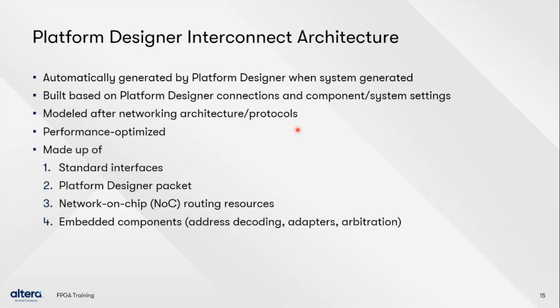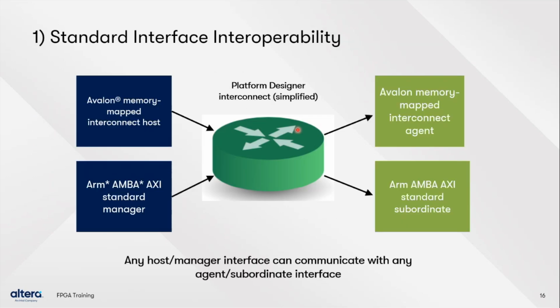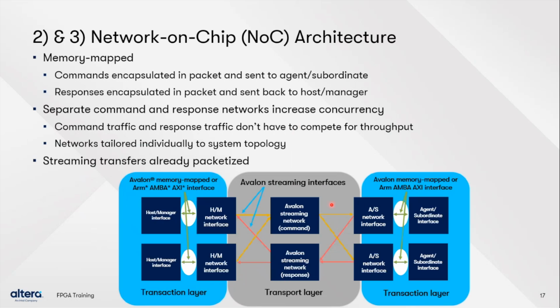So the interconnect architecture. I forgot I had this slide in here. This actually goes back to what I was just talking about. The interconnect itself is Avalon based. Internal to the interconnect that gets generated, we use Avalon streaming, which is a simple protocol for streaming packetized data.